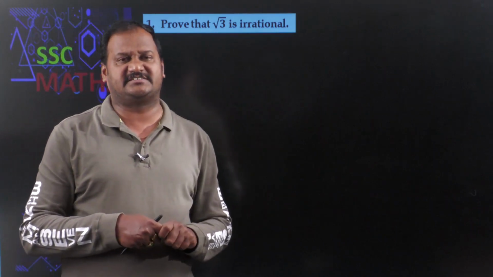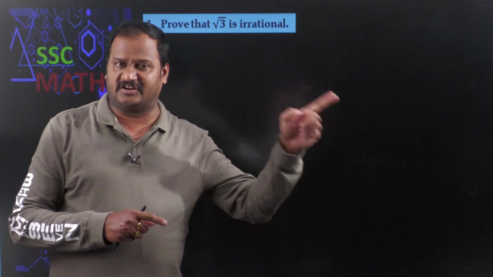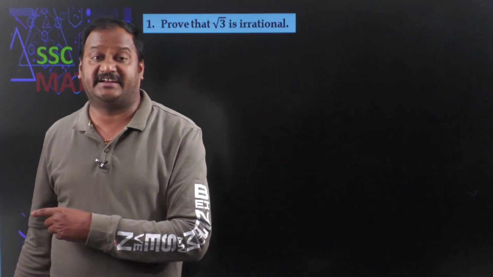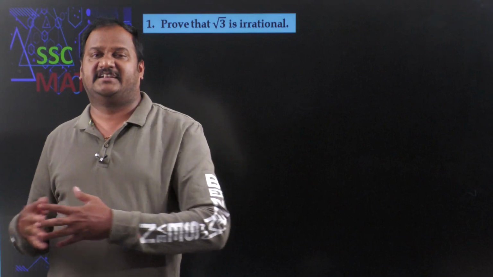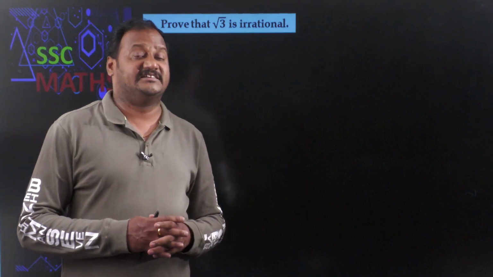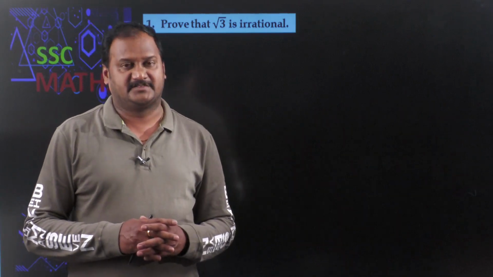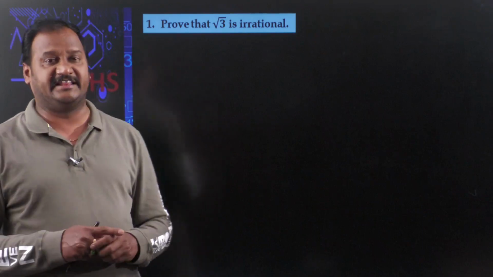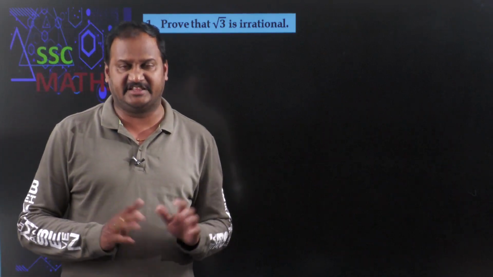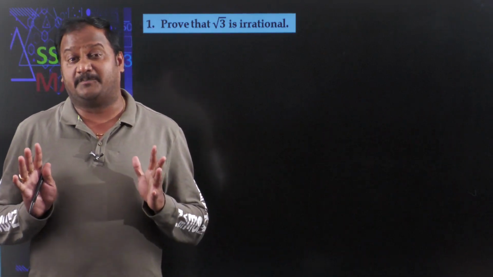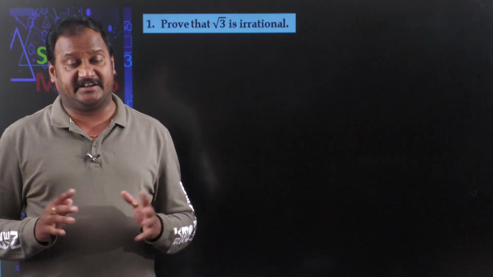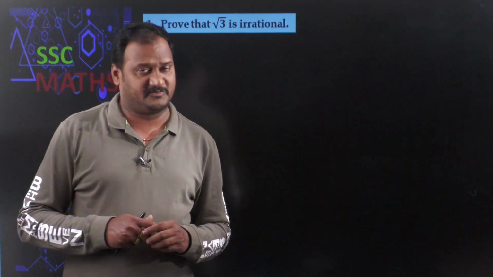That was the wrong assumption, so that is why you are arriving at a contradiction. By that you can say that our assumption is wrong. Therefore root 3 is an irrational number. That is the proof of the statement, which is called indirect method of proof.